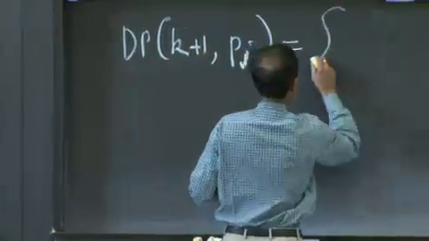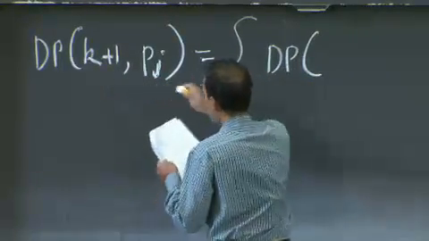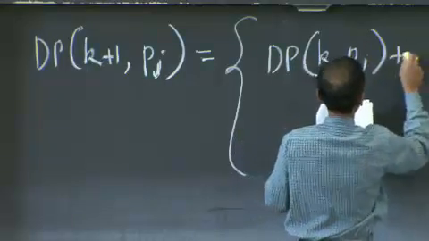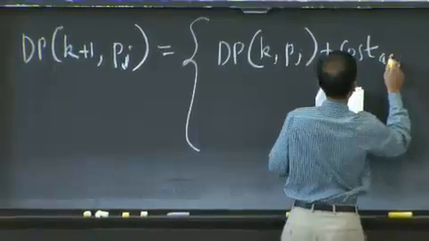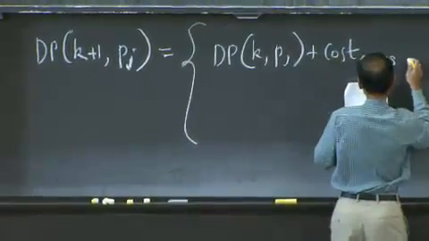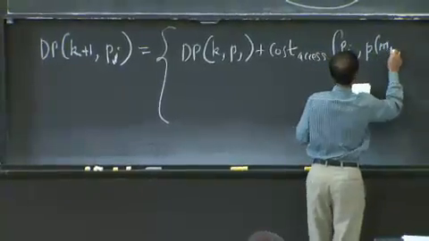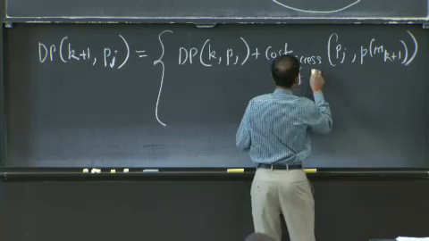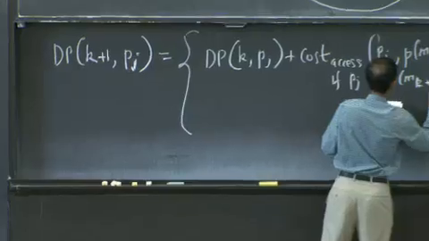Now what you have to do is essentially say, well, dp[k+1][Pj] is going to be dp[k][Pj] plus cost of access Pj, P of M(k+1), if Pj is not equal to P of M(k+1).